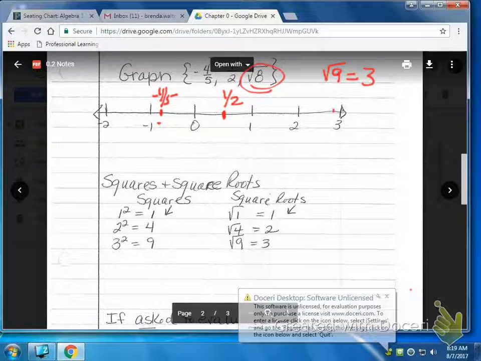I would just put it just almost to 3 and put radical 8, and I would be right. Are there questions about that radical 8? The fraction ones you should know pretty well. The radical ones you would have to kind of estimate based on what perfect squares you know, which we're going to talk a lot more about right now. Questions?